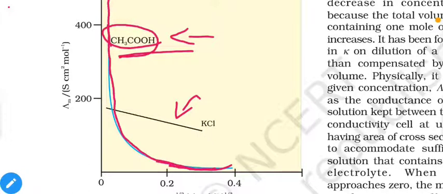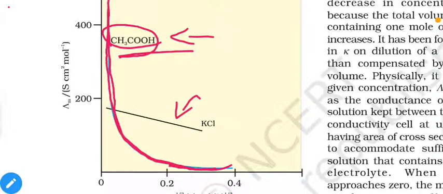After some point, we will notice the conductance is drastically increasing, and after a certain limit a sharp, straight-up line will be observed. Why is this type of straight line observed? Because after a certain point these weak electrolytes will dissociate quickly and produce a very large number of ions.